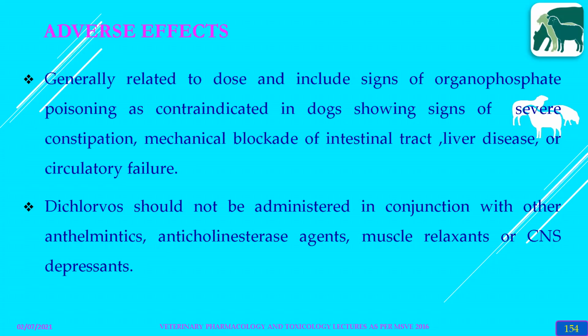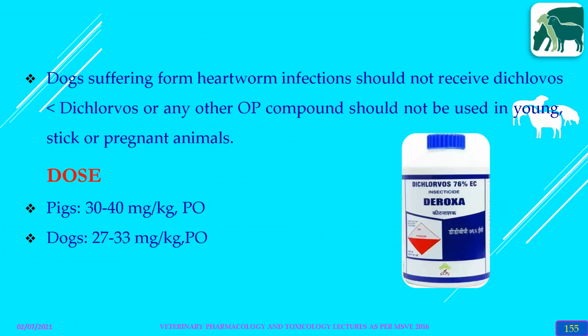Or it should not be used with anticholinesterase agents like physostigmine, neostigmine, etc. Then neuromuscular blocking agents like d-tubocurarine or CNS depressants, maybe any anesthetics, etc. The dose of dichlorvos is 30 to 40 milligram per kg body weight orally.